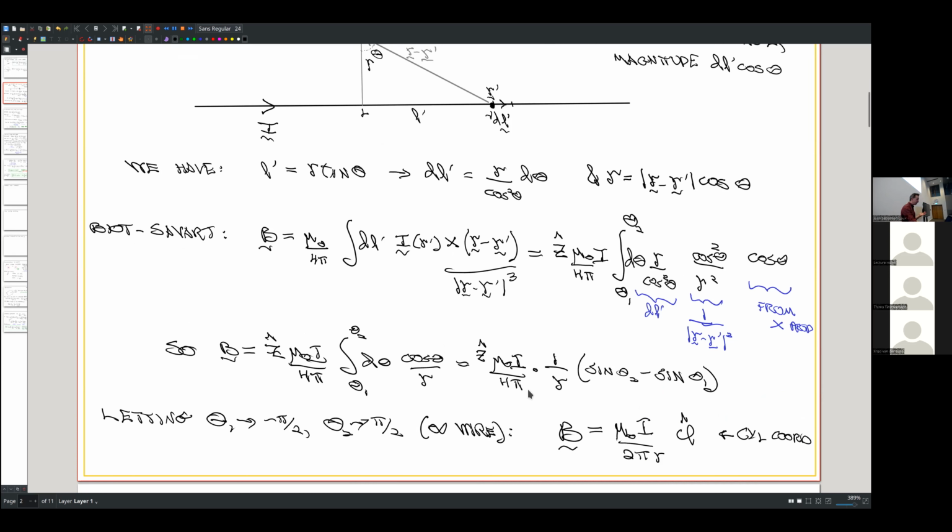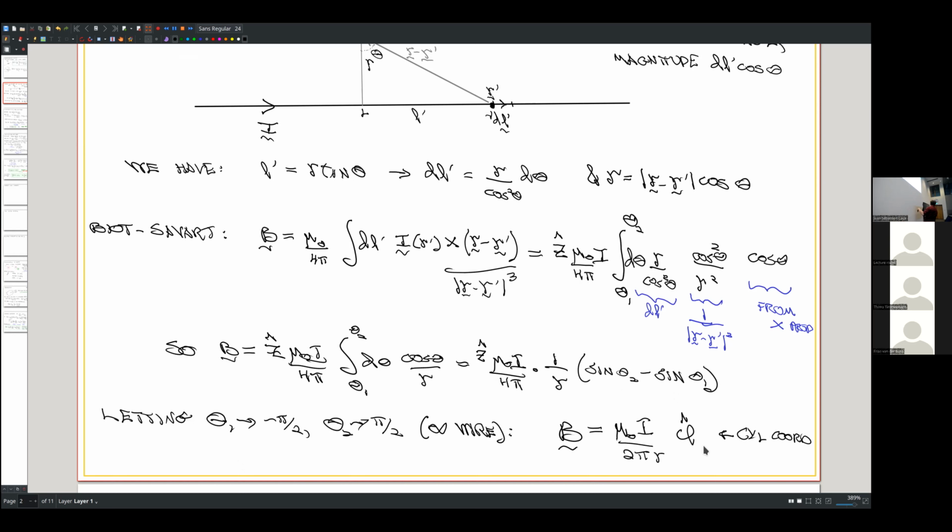And you can just explicitly compute this integral, just the difference of the sines. And then once again, when you take the limit of angles from minus pi over 2 to pi over 2, meaning that you're looking at an infinite wire going left and right, then you find a value for the magnetic field, which is given by mu0 times the current divided by 2 pi times the distance. In here, now I just switch back to cylindrical coordinates around this.